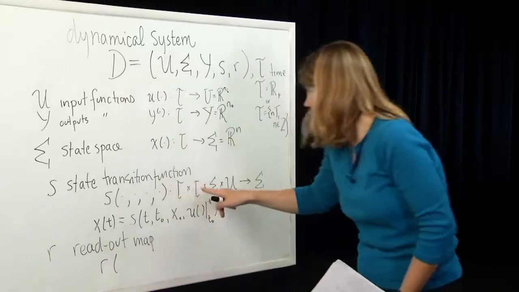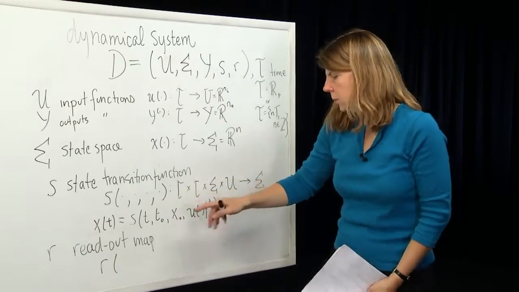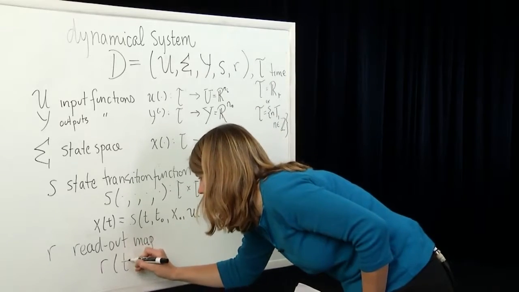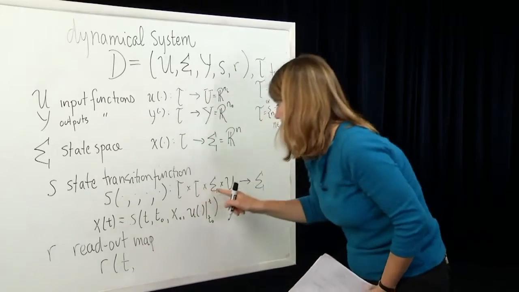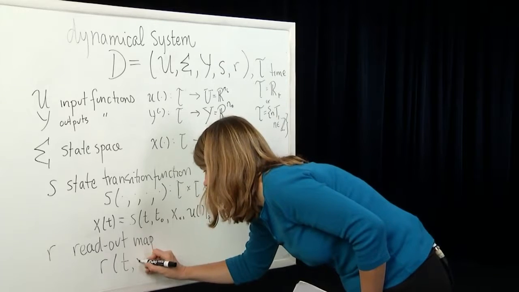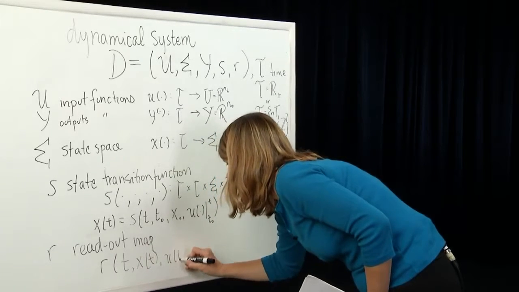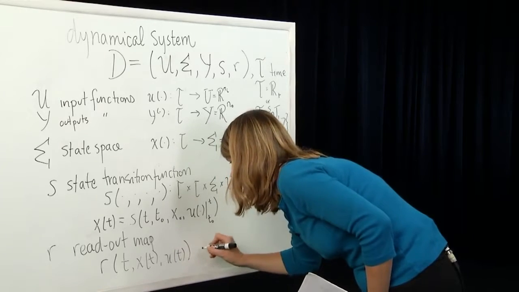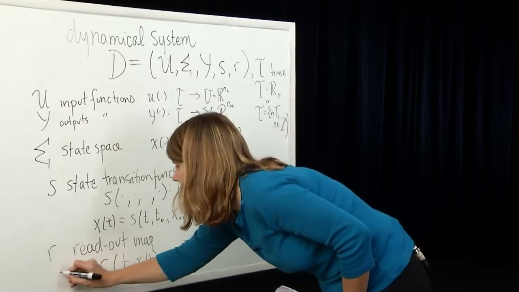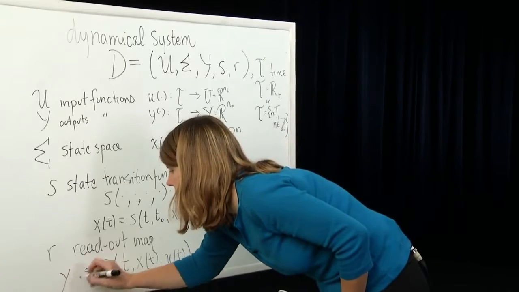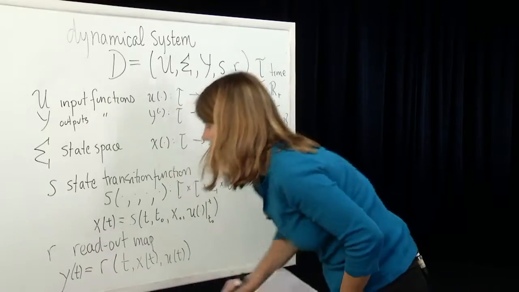Okay, so again, we can write it this way. It takes the current time. It takes the state at the current time. And it takes the input at the current time. And it gives you the output. So it gives you the value of y at the current time.